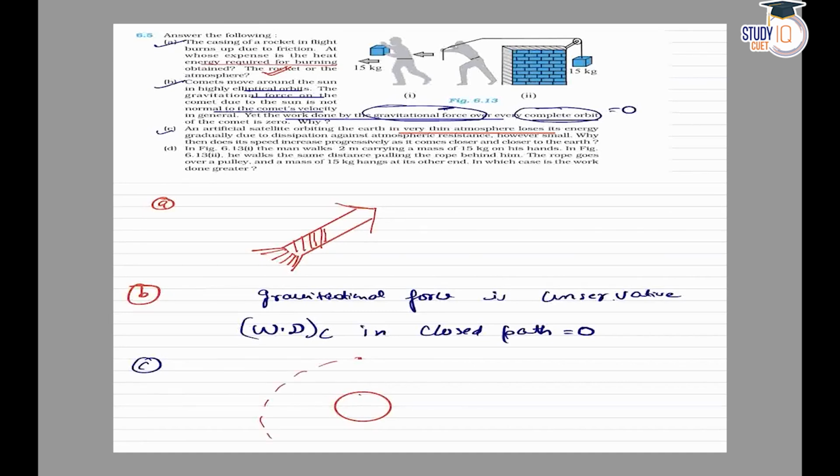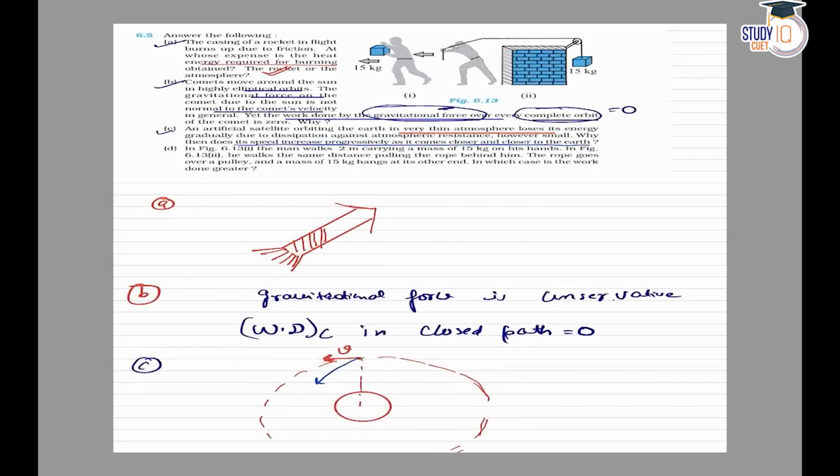As it rotates around the planet, its speed decreases due to the presence of a thin atmosphere. So when the speed decreases, the satellite approaches nearer to the Earth's surface, and its speed increases as it comes closer.